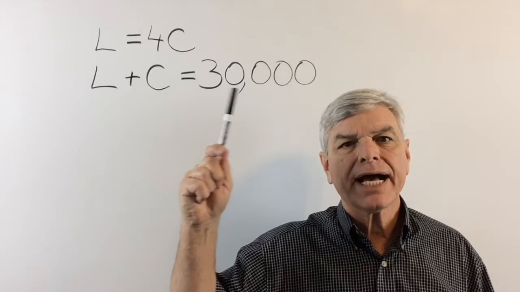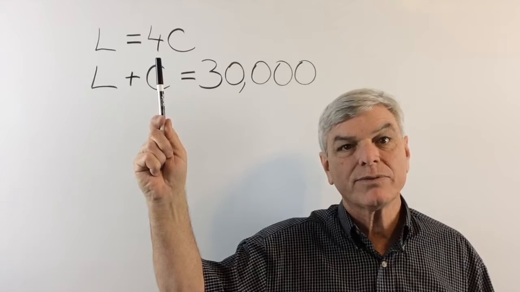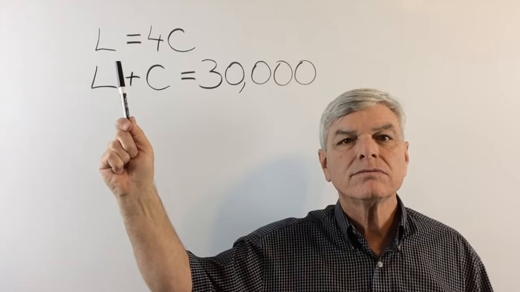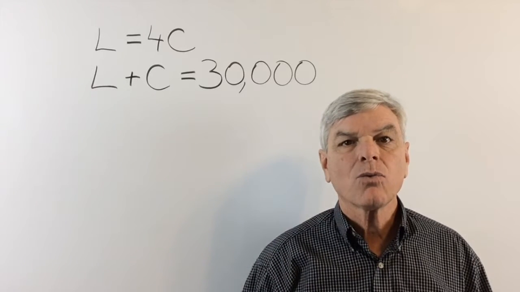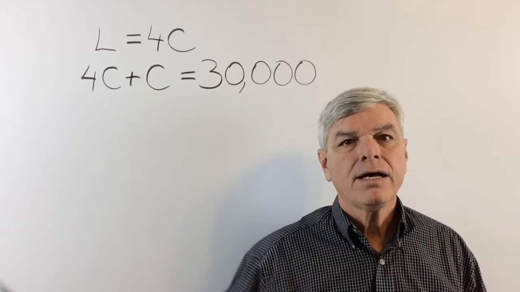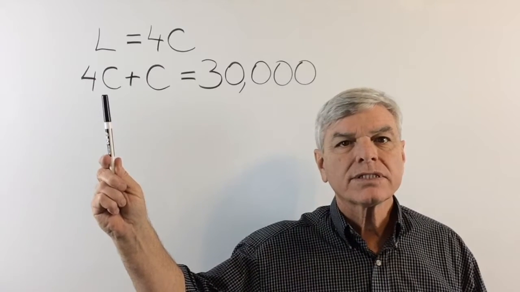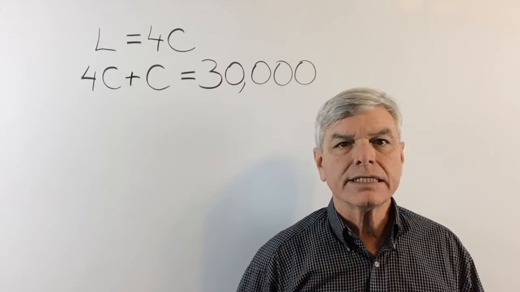And let's go back up into the first equation, actually the second equation, we did it first. Do we know what L equals? Yeah, we do. L equals 4C. So why don't we substitute that into the second equation? Okay, now our L here is equal to 4C, which is what it says up here. So that's good.